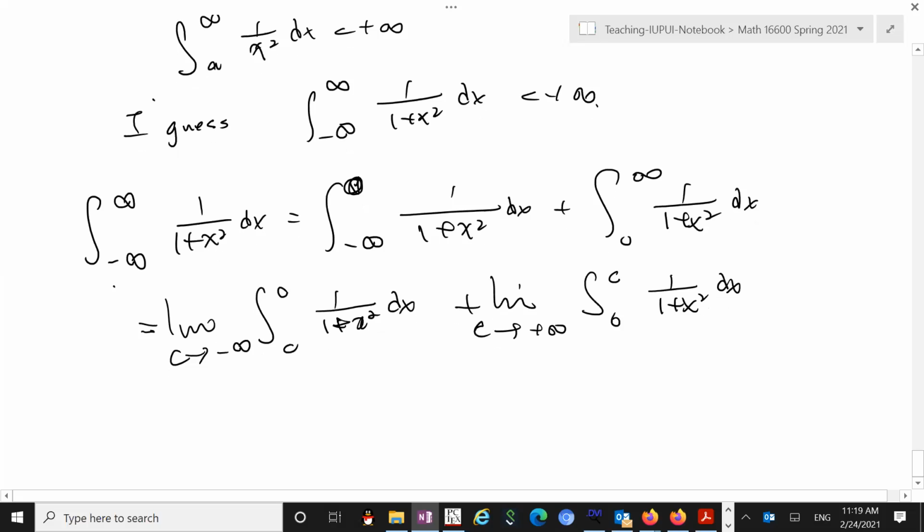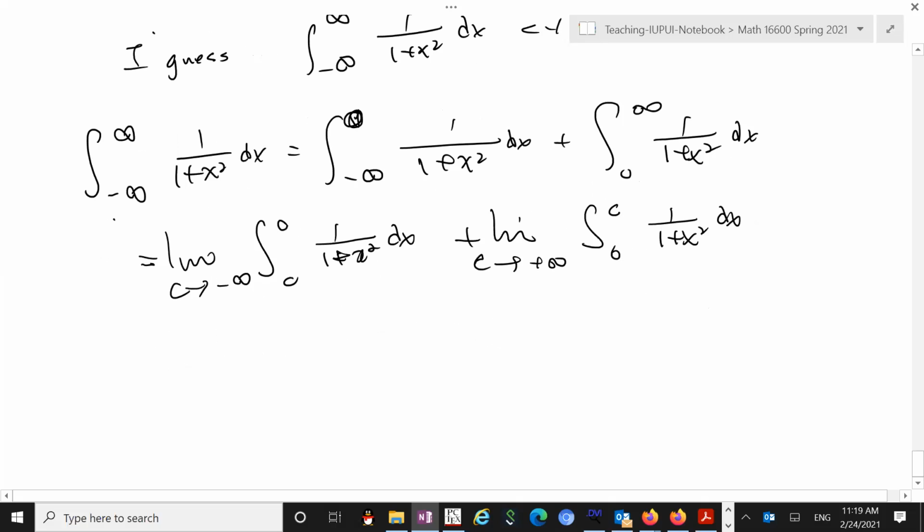The antiderivative of 1 over 1 plus x squared is arctangent x.